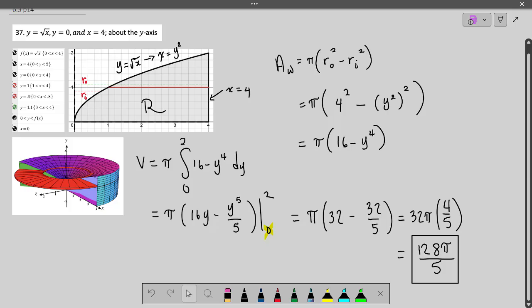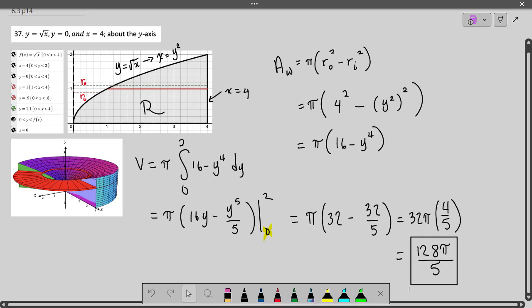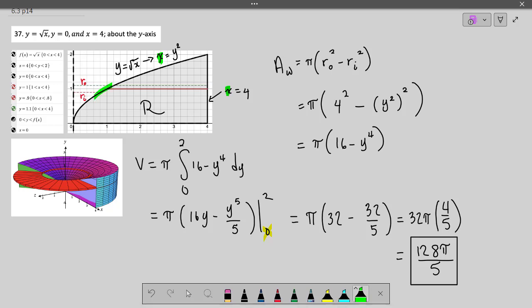So we used x for both of them, right? Both of them have x isolated, right? This has x isolated, and this has x isolated. So this curve right here, we have to write it as an x value, and it is already written as an x value. Okay, see it? Yes. Other questions?